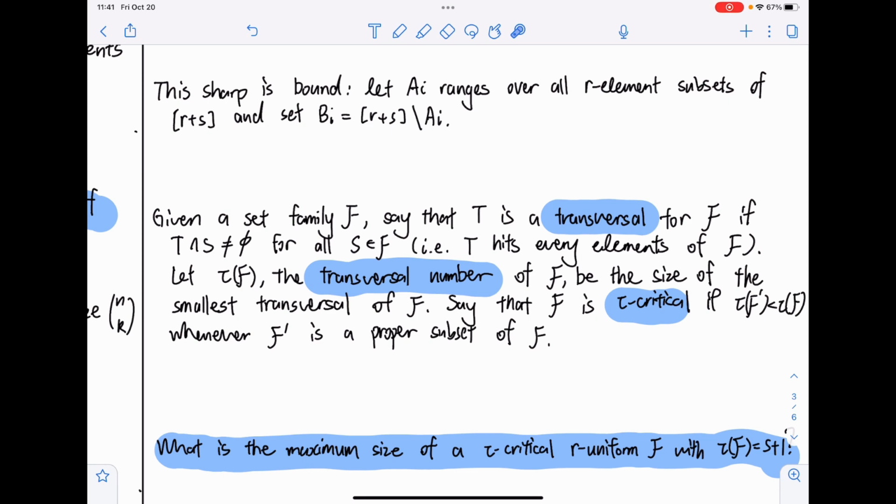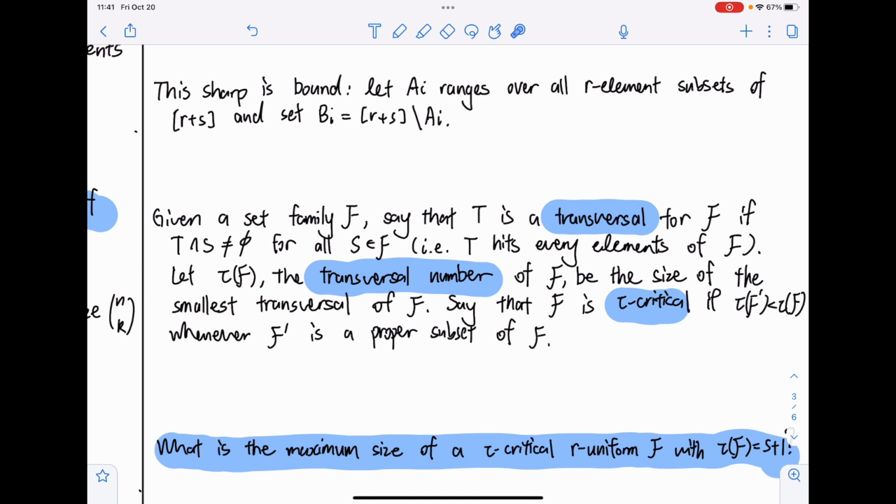Let's give some application motivation for the probabilistic two-family theorems in terms of transversals. What is a transversal? Given a set family F, we say that T is a transversal for F if T intersect S is non-empty for all S in F, which also says that T hits every element of this set family.